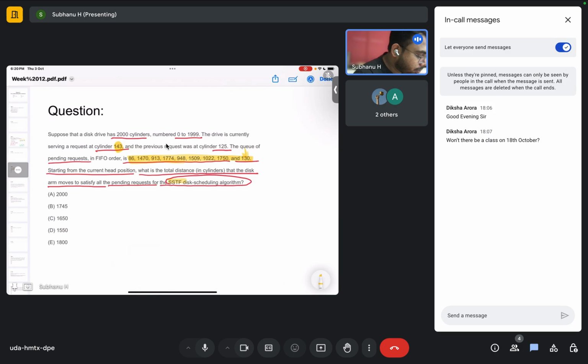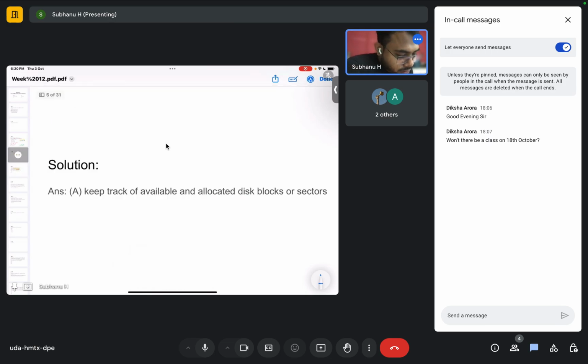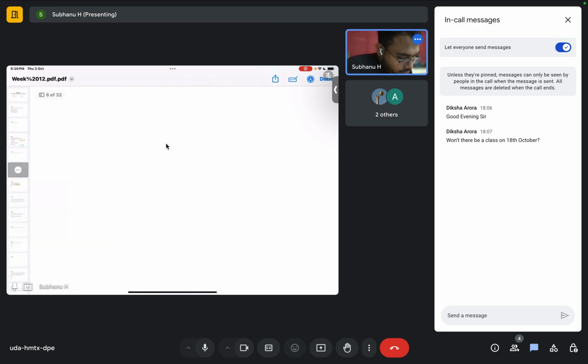We will be using the SSTF disk scheduling algorithm. SSTF means shortest seek time first.